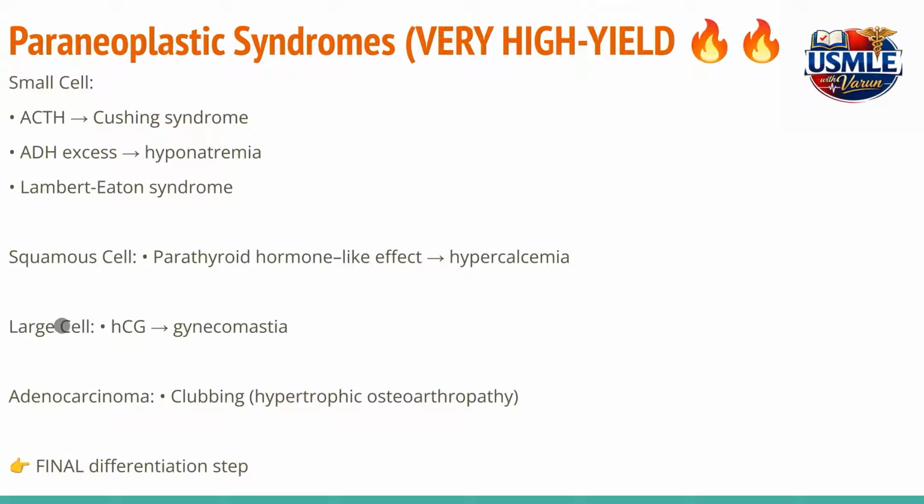Large cell carcinoma can produce hormones related to gynecomastia. HCG may initiate gynecomastia, and adenocarcinoma is associated with clubbing or hypertrophic osteoarthropathy. So, if a question gives you a systemic feature, we need to use it as a clue to identify the tumor type because it might potentially be one of those features of a paraneoplastic syndrome related to one particular lung cancer.